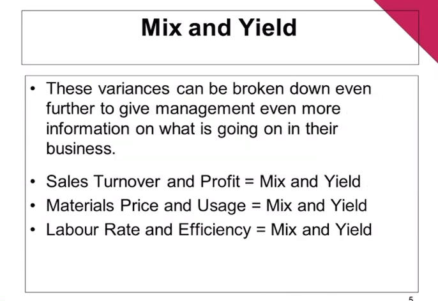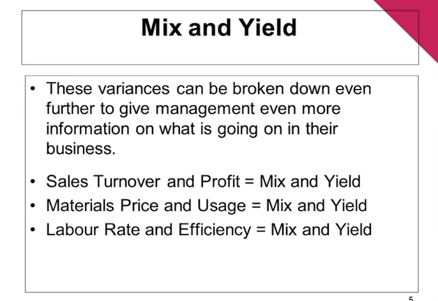So the good news is that despite the fact that we are comparing actual versus actual at standard, or a flex budget, we can break them down even further for even more information gathering and helping management with their thought processes.